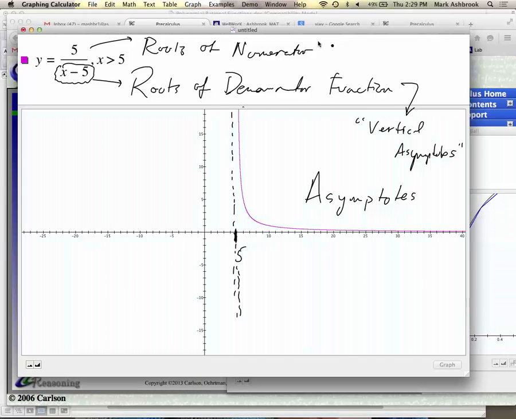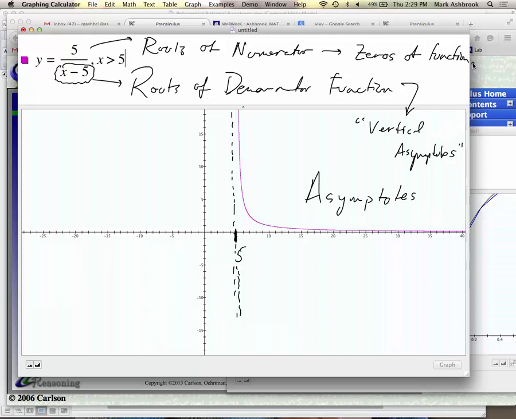This is your crash course: the roots of the numerator are the zeros of the function, and the roots of the denominator are these values where the graph can never cross, and as you get close to them, they get very large positive or very large negative values like the flavoring example showed us, okay?